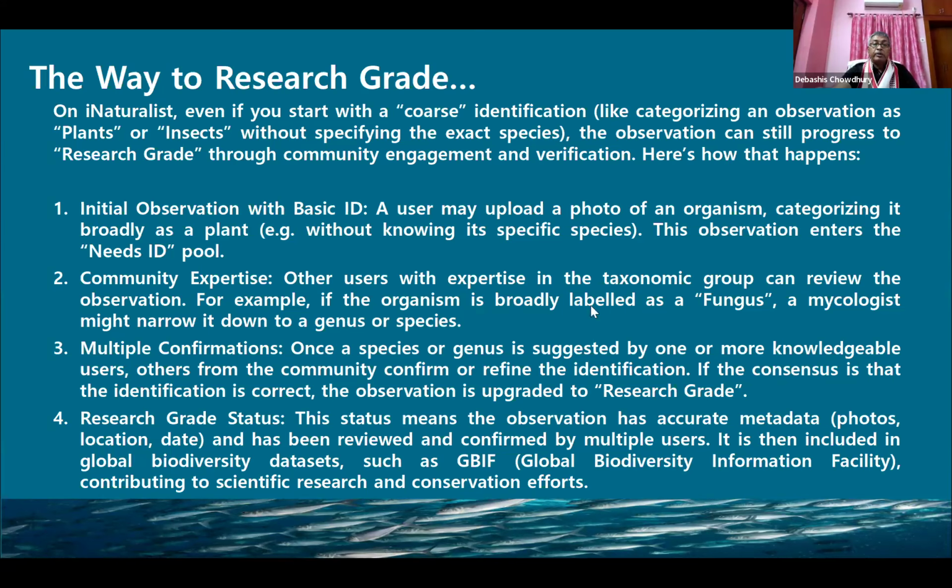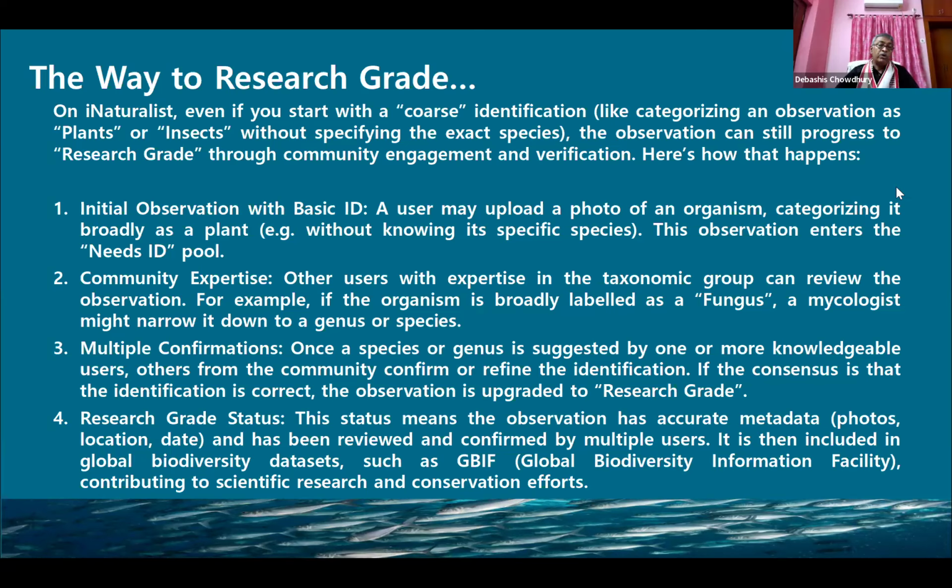Other users with expertise in the taxonomy group can review the observation. For example, if the organism is broadly labeled as a fungus, a mycologist might narrow it down to a genus or species. If the person is knowledgeable about fungus, he or she may narrow it down to genus, species, or family level, wherever it is possible.